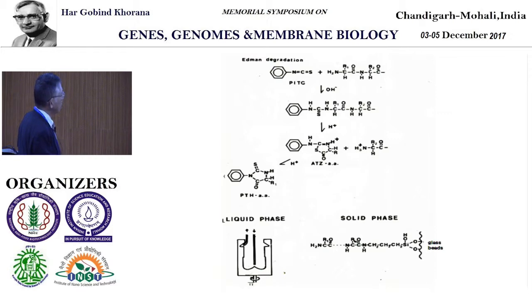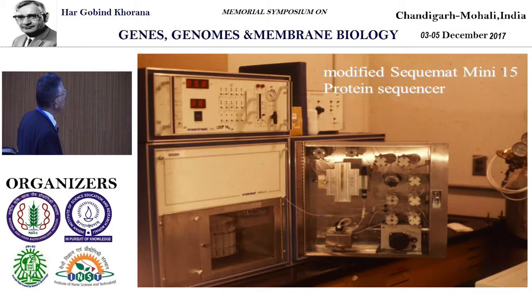So I had to use a solid phase sequencer. This is the solid phase sequencer that Govind bought. Also later on, Alex Bonner, I was kind of involved, changed this to a DNA synthesizer too, using Marv Caruthers' reagents.